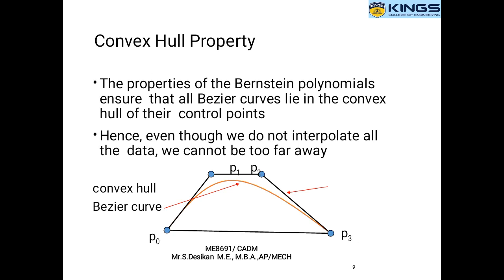P0, P1, P2 and P3 can be enclosed by means of a convex hull. There is a convex point. When the basis curve is convex, then only it is applicable for further matrix progression. When the convex hull property is not applicable in any basis curve, it cannot be used.